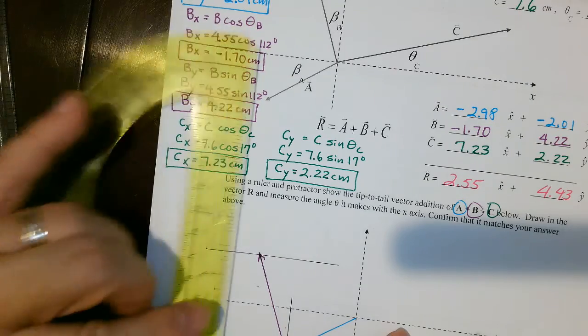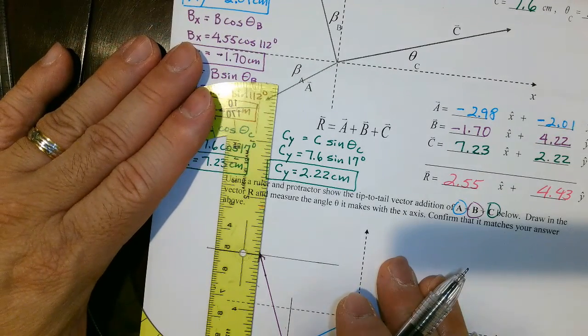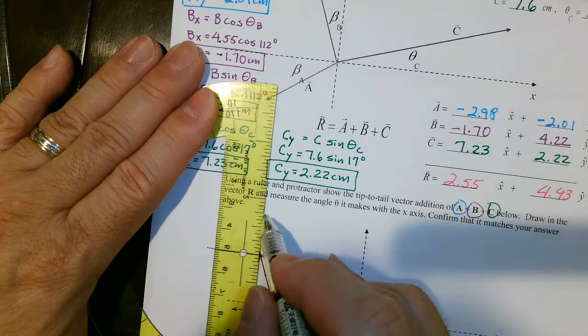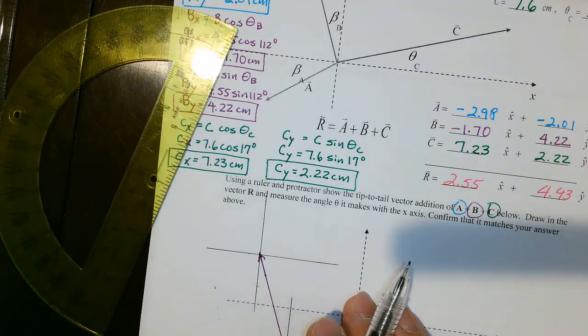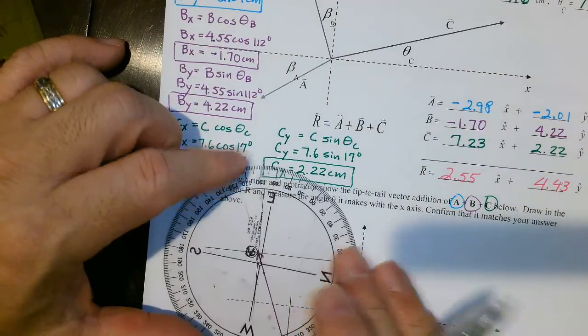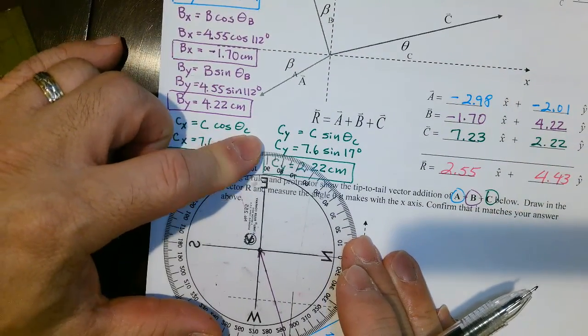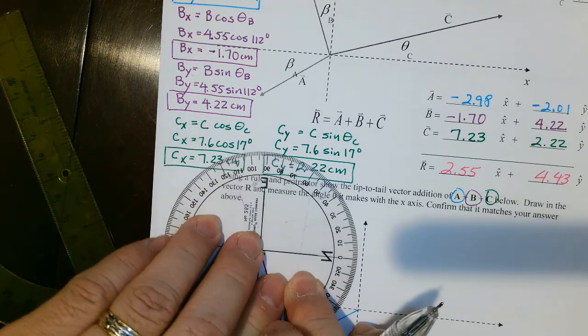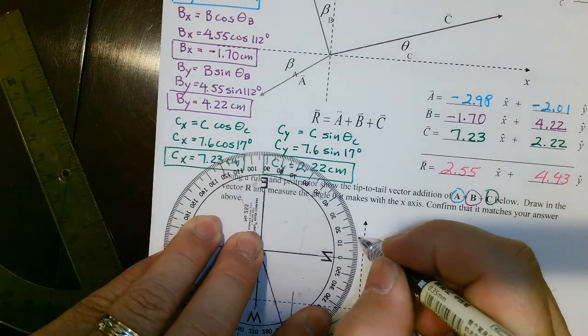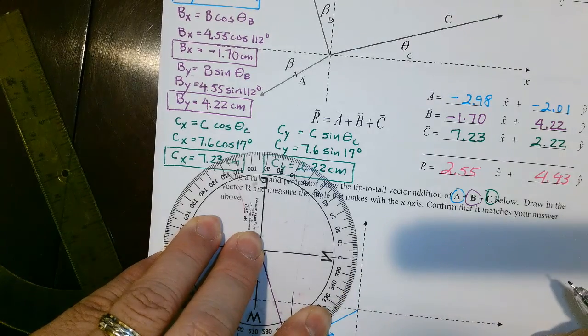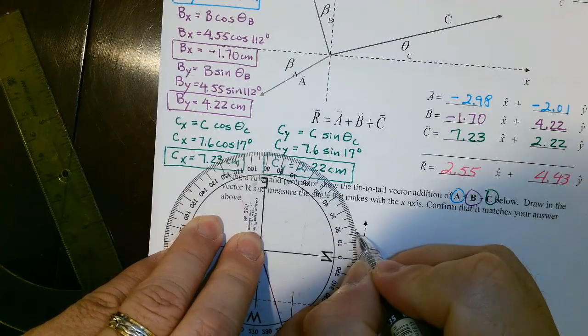Then my vertical. So here, I'm going to draw my vector C from this, and it is 17 degrees, which is right there.